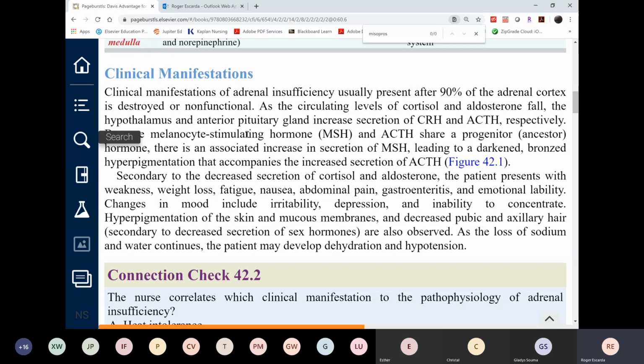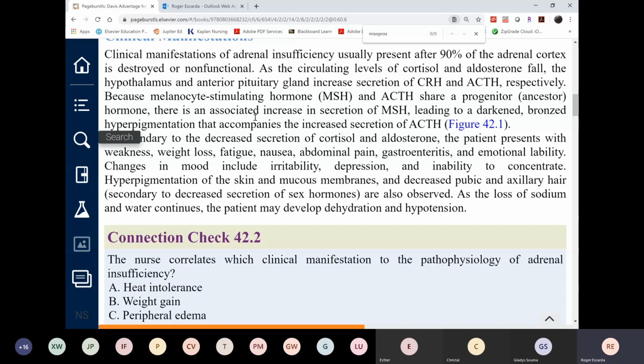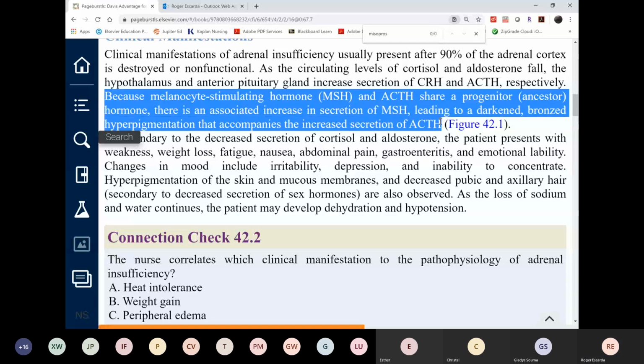However, there's another problem here. Can you read this section, Gladys? Because melanocyte stimulating hormone and ACTH share a progenitor ancestor hormone, there is an associated increase in secretion of MSH, leading to a darkened bronzed hyperpigmentation that accompanies the increased secretion of ACTH.